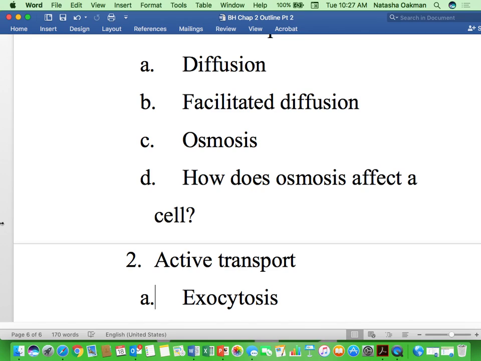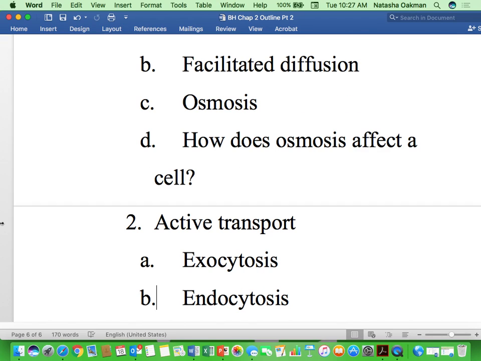We talk about this a little bit, not a whole lot, in this class later on. The one that we do mention more is endocytosis.